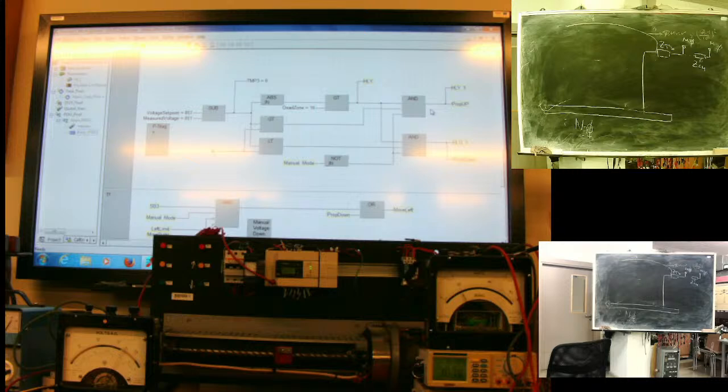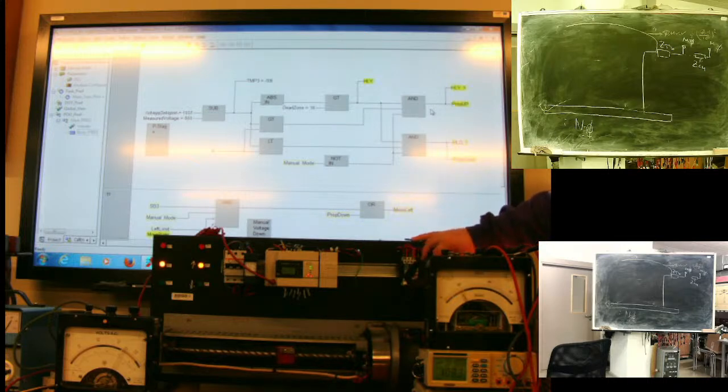It's voltage stabilized. But how will it react to the change of primary voltage?